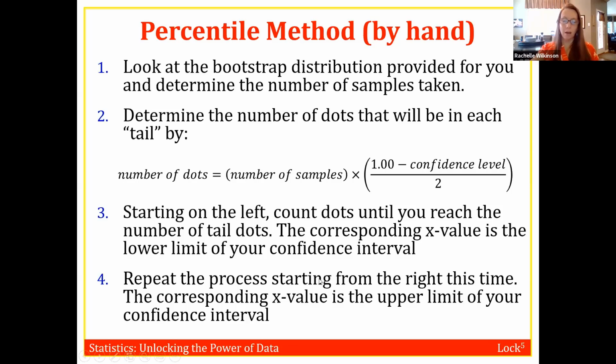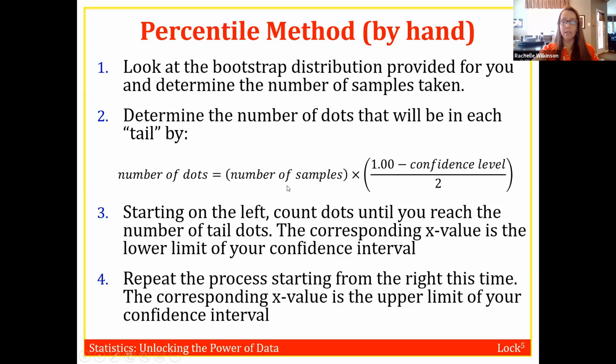So this is how we can do the percentile method by hand, okay? Essentially what we're doing here is the same thing that happens when you press that two-tail button, but we're going to have to count the dots to figure out where to draw those lines, where the difference between the red and the black dots is. So we have this handy dandy little formula that we can use to figure out how many dots we need to count over.